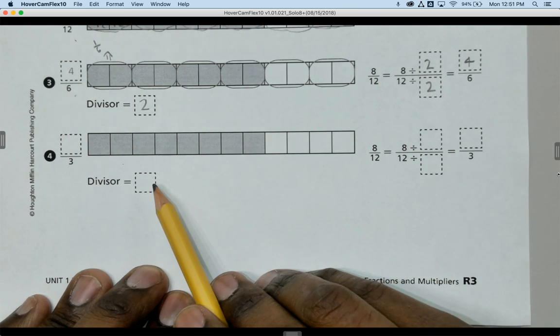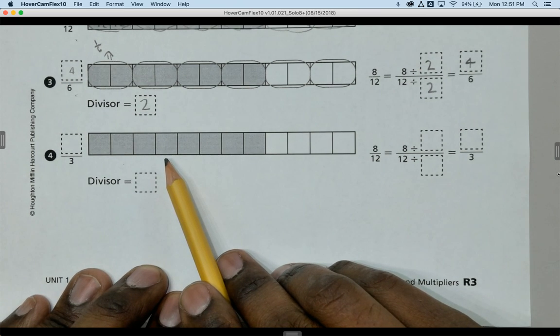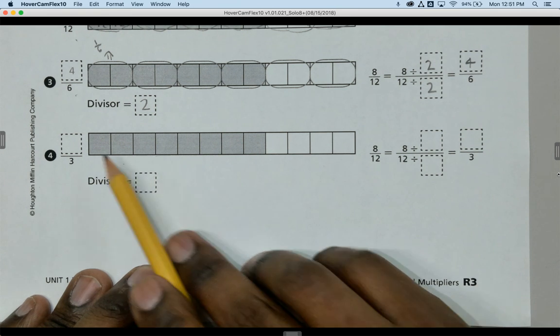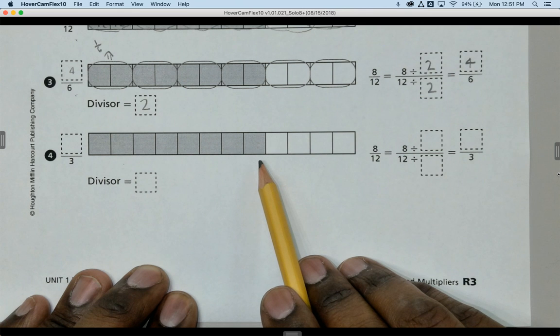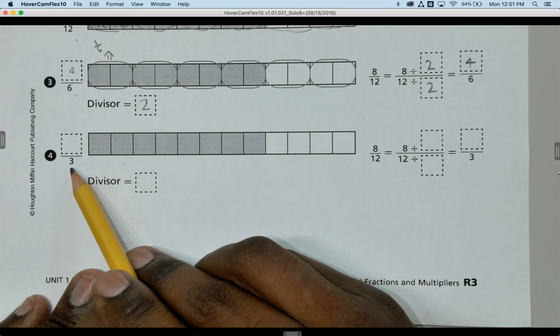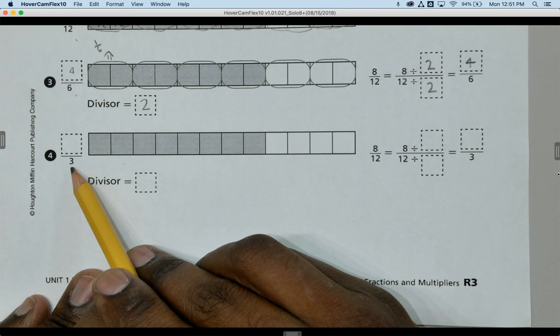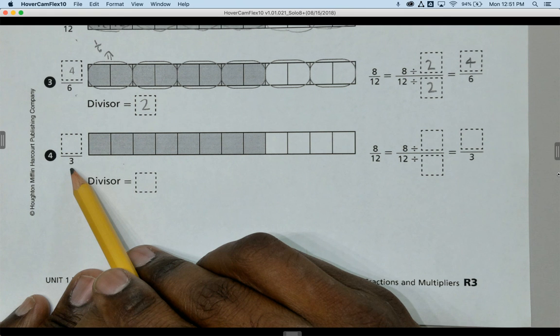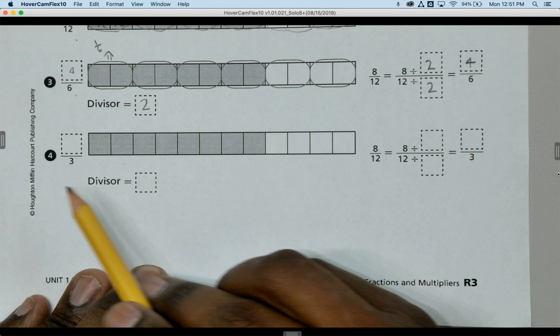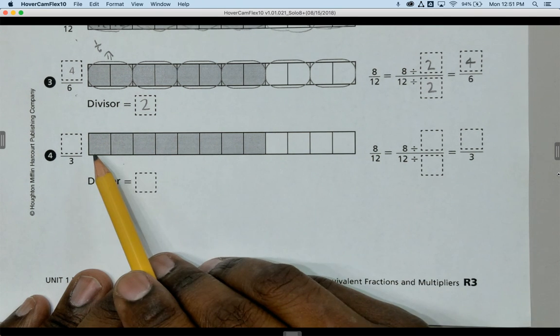Let's take a look at this example now, where we're going to try to show how the original fraction of 8/12 could be rewritten as an equivalent fraction where the denominator is 3. Okay. So to do that, we need to take the whole and divide that into 3 equal parts.